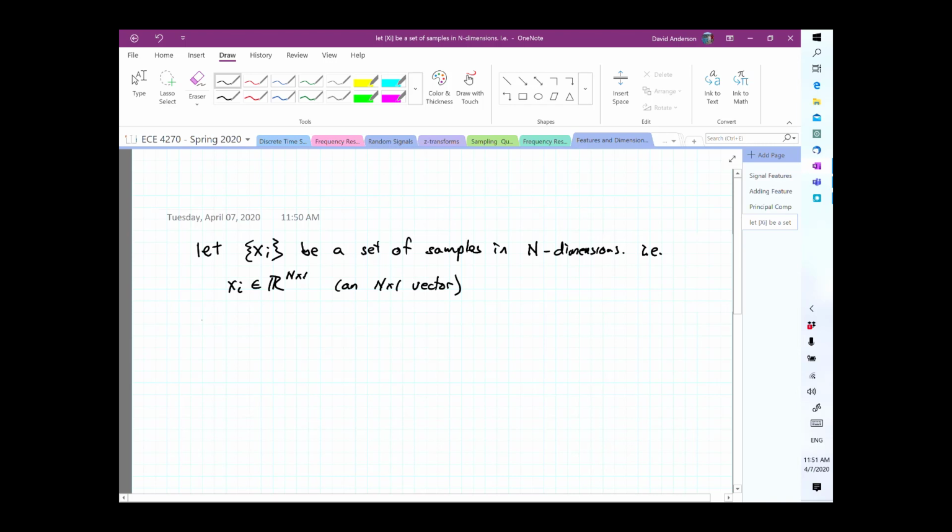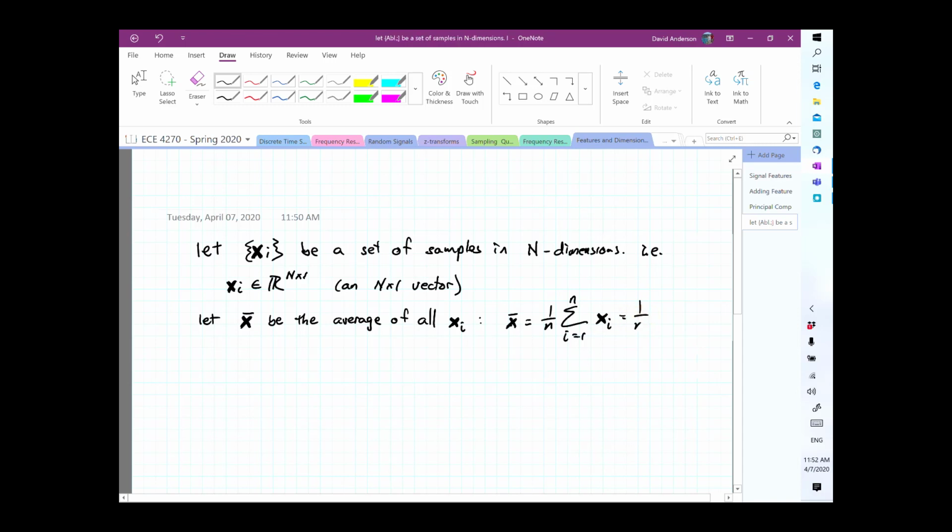And let xi, so these are vectors here, we're not dealing with signals. I'll try to make them bold to make that a little bit more obvious. Let x bar be the average. In other words, x bar is equal to 1 over n, the sum from i equals 1 to n of these vectors xi.